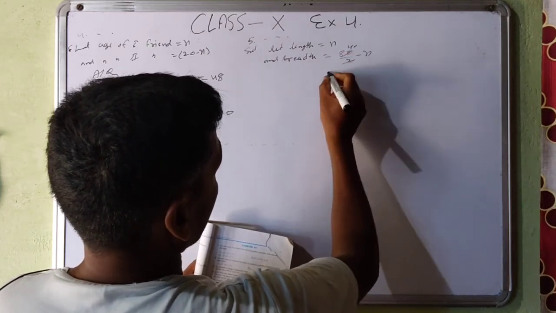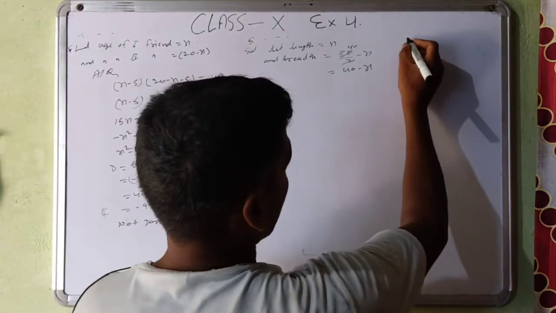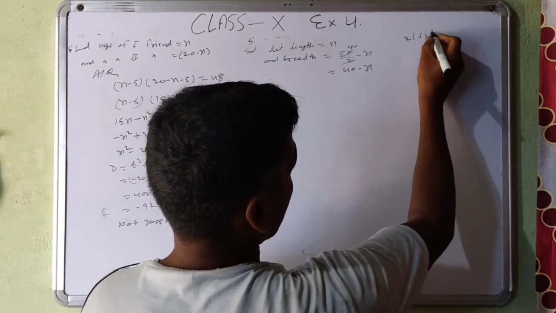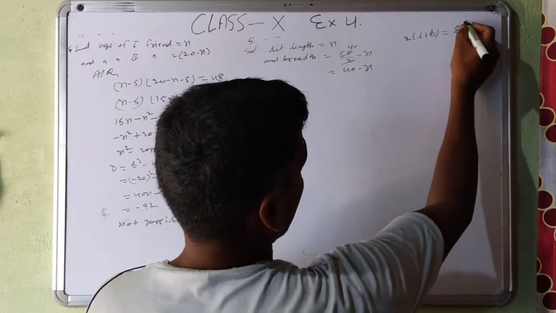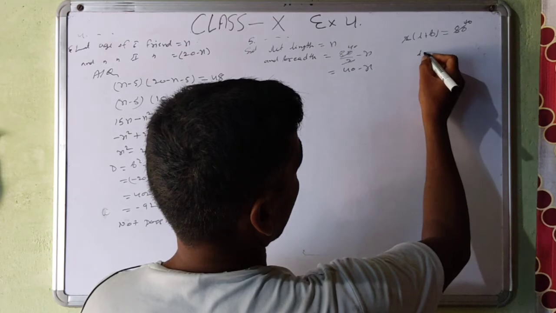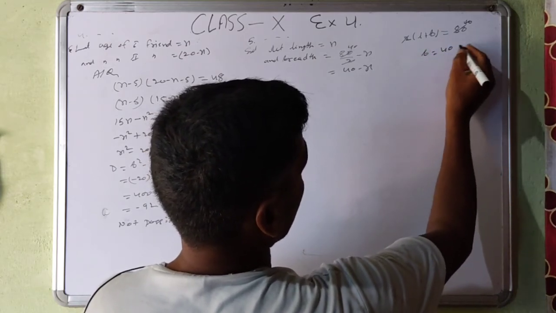By the perimeter formula, you know that 2 times l plus b is equal to the perimeter, 80, so l plus b is 40, and then b is equal to 40 minus l.